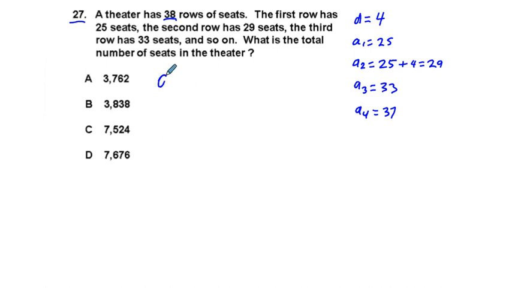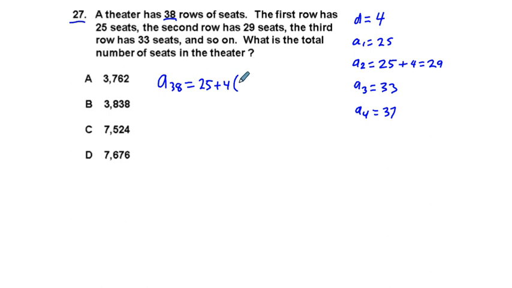So a sub 38, our 38th row, is going to be a sub 1, which is 25, plus d, and d is defined as 4, and we have n minus 1.